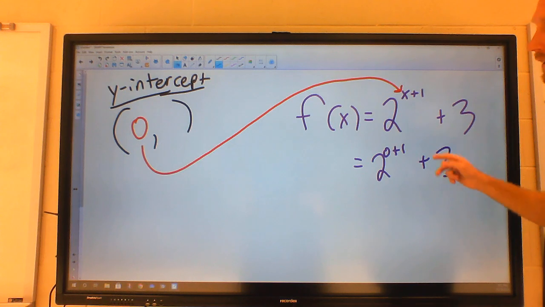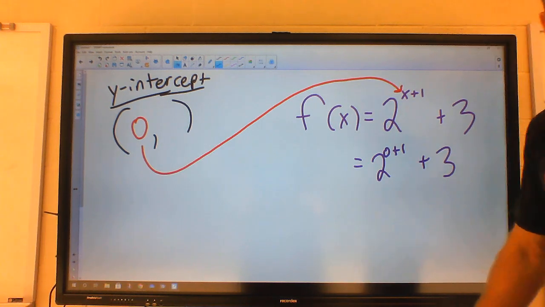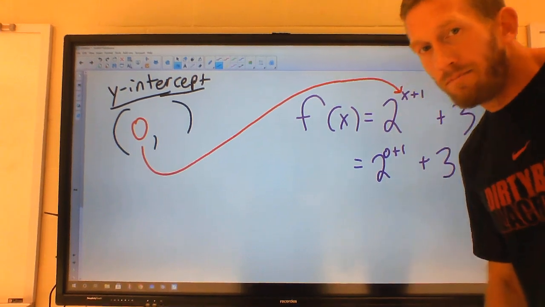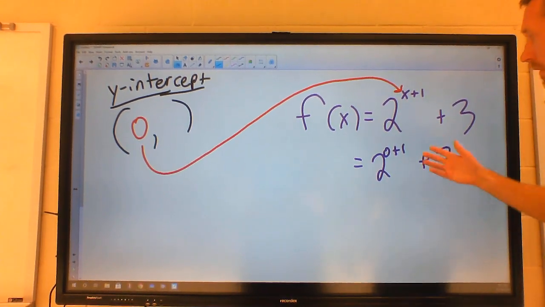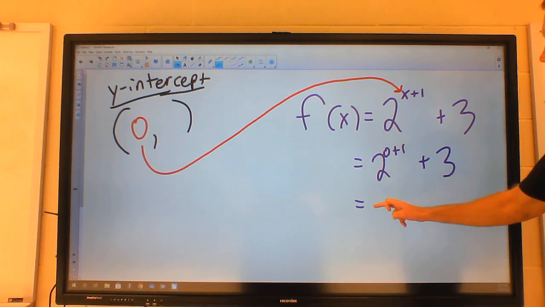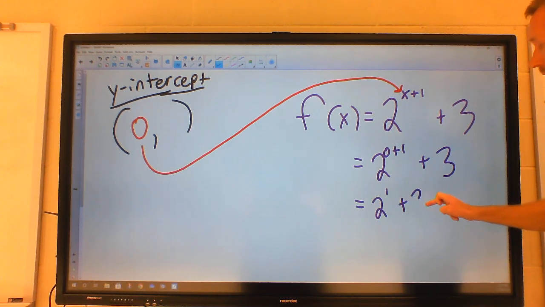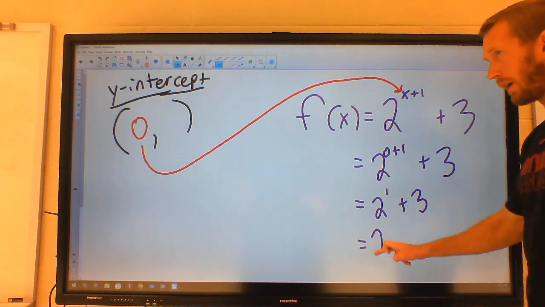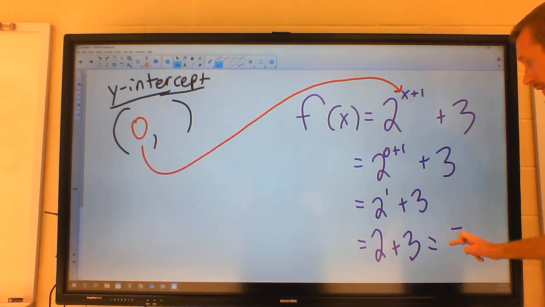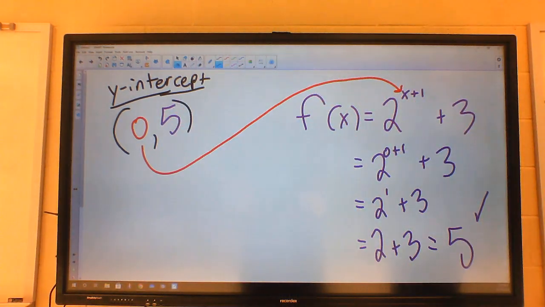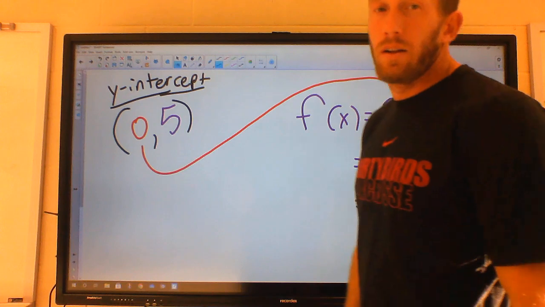Again, it's not always going to be the 0th power. It's going to be 0 for x, meaning the 0 plus or minus some other number power. Okay? So this becomes 2 to the 1st power plus 3, because 0 plus 1 is 1, which becomes just regular 2 plus 3, which is 5. Check. Y-intercept is 0, 5. Y'all go with that?